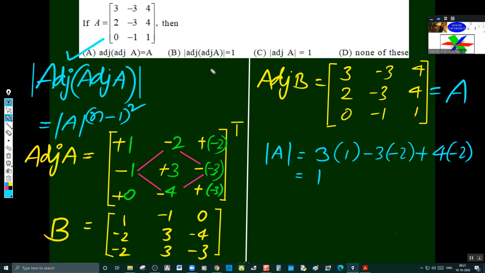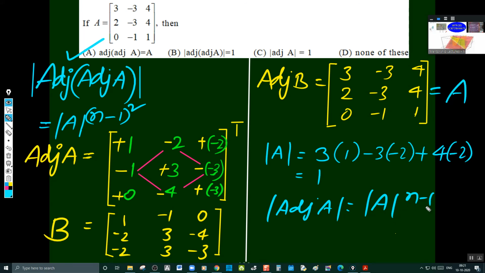Second option, det of adjoint A, again 1 only. Yes, B and C both. Just check it out. Det of adjoint A, and I'd like to remind you of this formula: det of adjoint A is equal to det A power n minus 1.